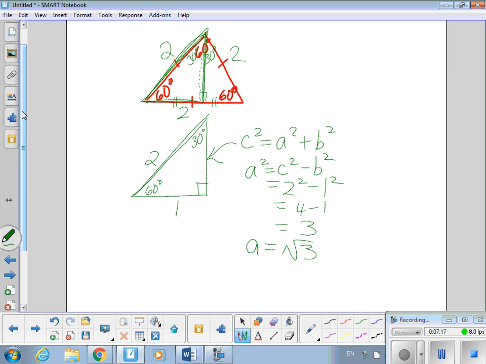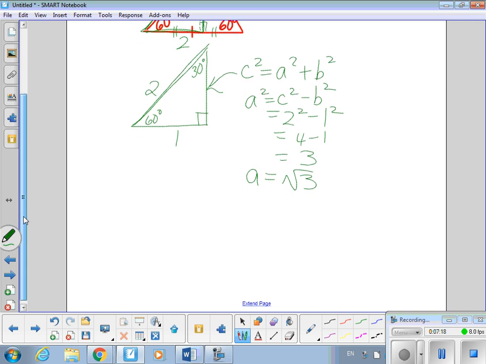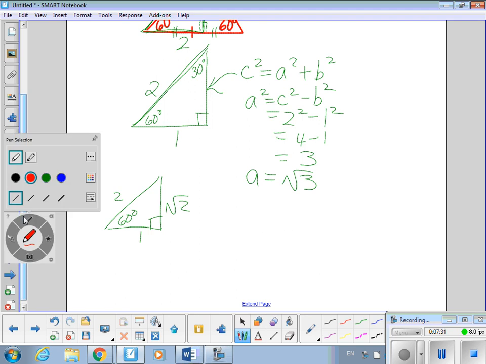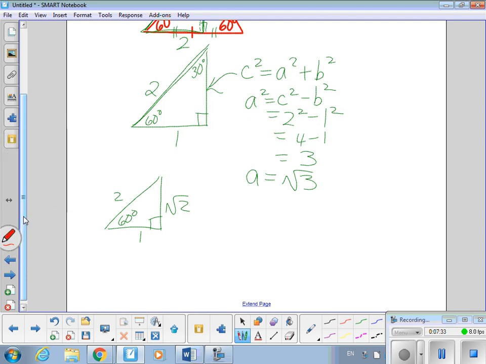So now with this triangle, because I know all 3 sides, I can use it 2 different ways. I can use it to talk about a 60-degree triangle. And if that's the case, then I know that this would be hypotenuse, this would be opposite of 60, and this would be the adjacent.